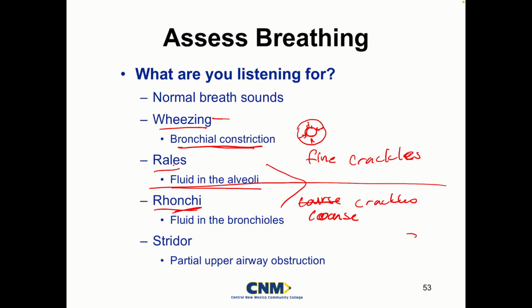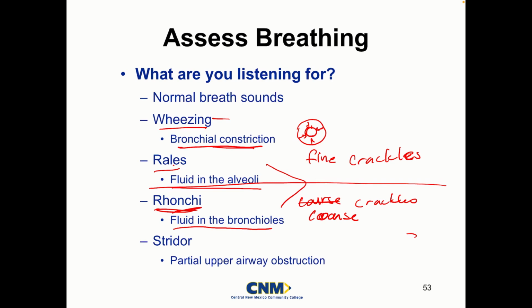If you want to hear rhonchi externally, not in a real patient, just imagine trying to drink up something like a milkshake with a straw, right? It's going to be bubbly. You get to the end of it, you get those bubbles when you're drawing up the last bit of it. That's kind of what rhonchi sounds like. And rhonchi is usually mucus or fluid that's not in the alveoli, but in the bronchi.